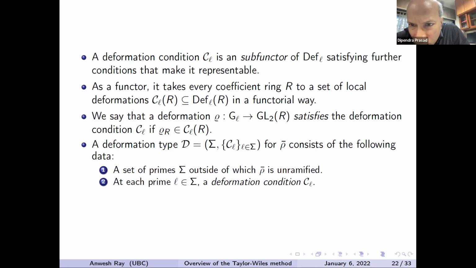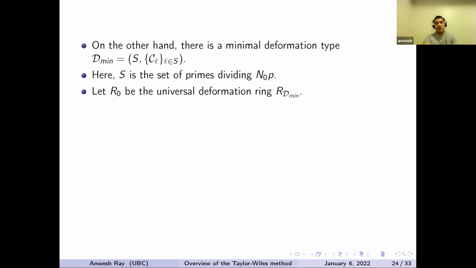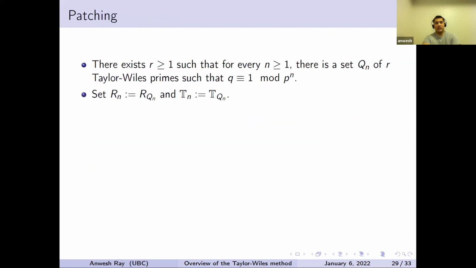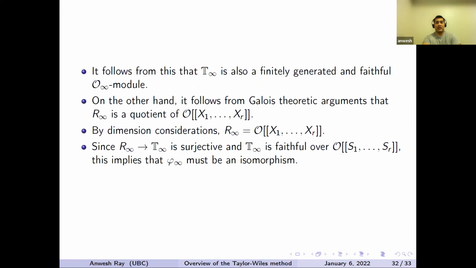The original Taylor-Wiles method had some more subtle commutative algebra, Cohen-Macaulay rings and so on. A large part of this has been simplified over the years. So after doing all of this, we are not only able to show that the deformation ring and the Hecke algebra are isomorphic, but we also know something about their presentations.